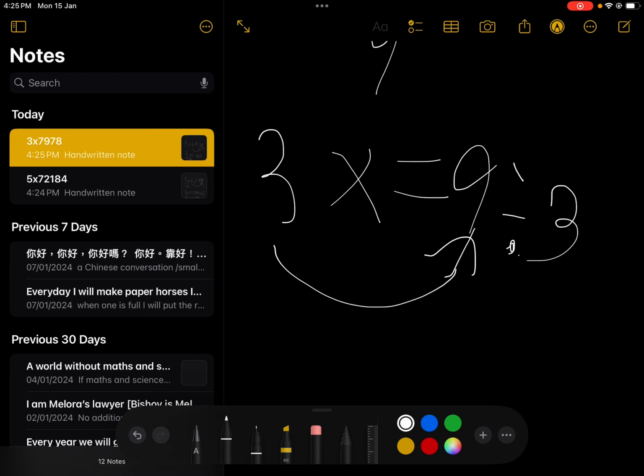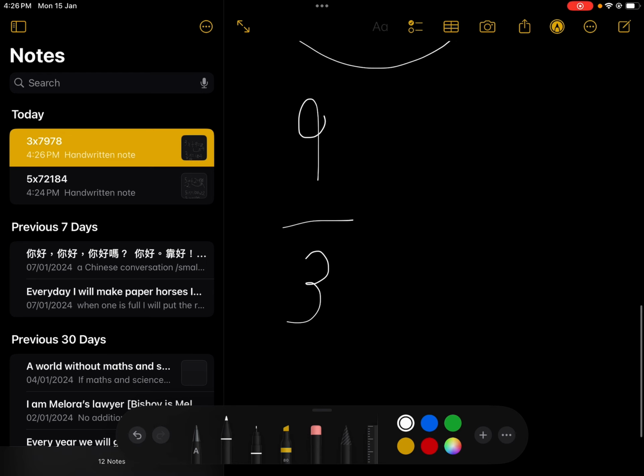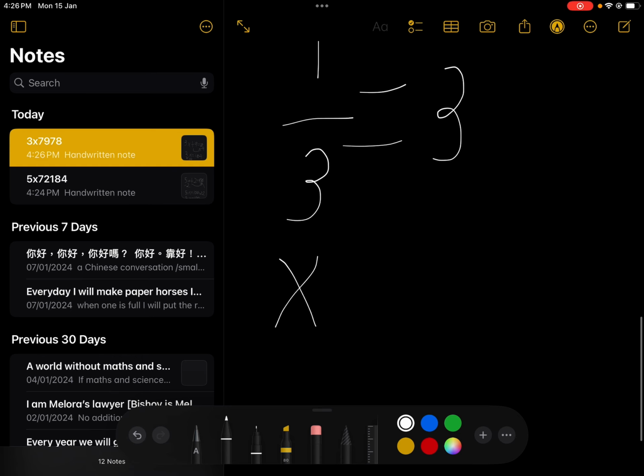If you forgot why, it's because 3 is being multiplied by x, and since it's going to the other side, it will get flipped, so it will become divided by 3. And if we do the long division, 9 divided by 3 equals 3. So it's safe to say that x equals 3, as this is always the answer.